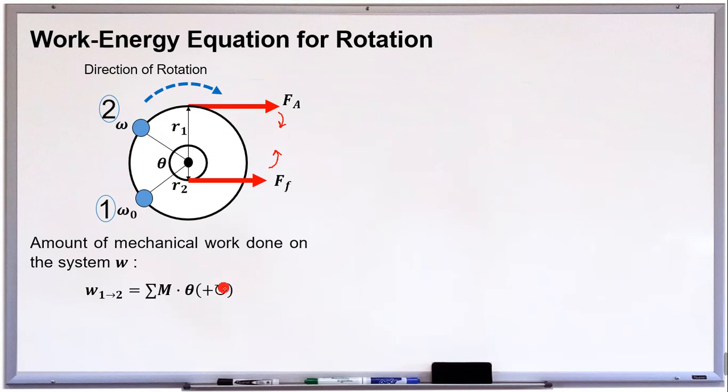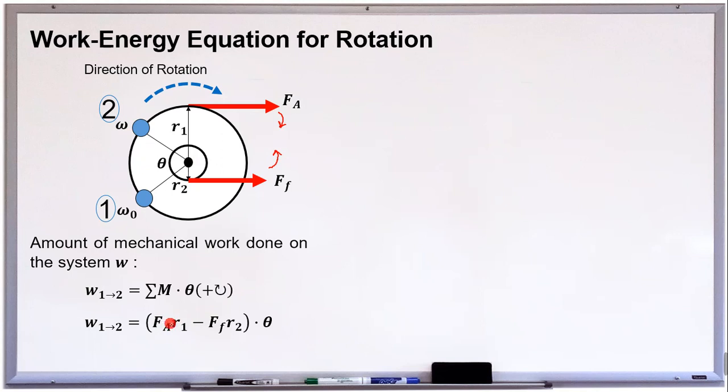Therefore, we will make the moment of a force positive if that force will give a counterclockwise moment. In our object right here, the force that will give a positive moment is the applied force Fa.